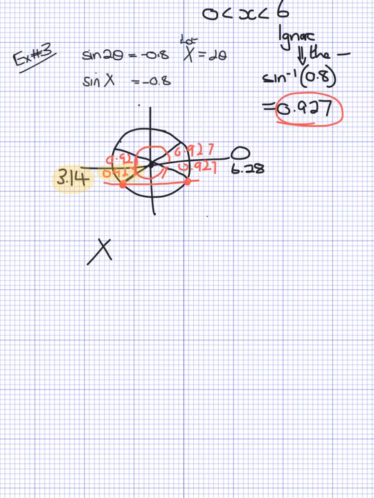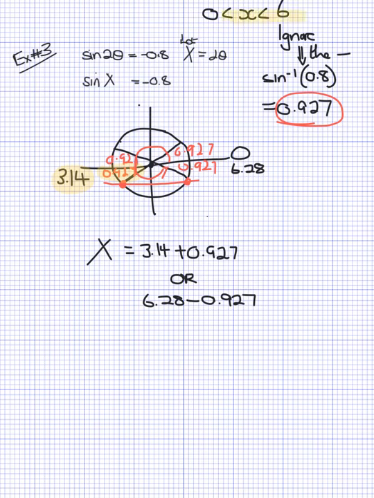So x is going to either equal 3.14 plus 0.927 or 6.28 minus 0.927. There are two options. Now you might go normally, oh, let's add k 2 pi, but we've got to check if we've got conditions, and we've got this up here.